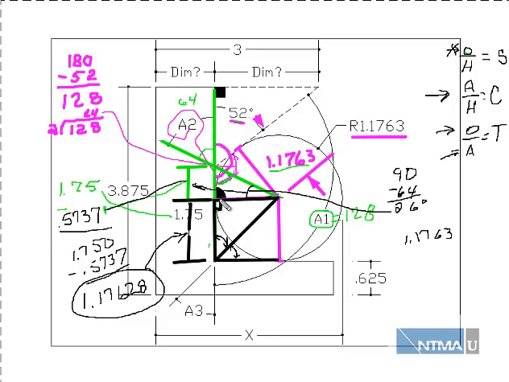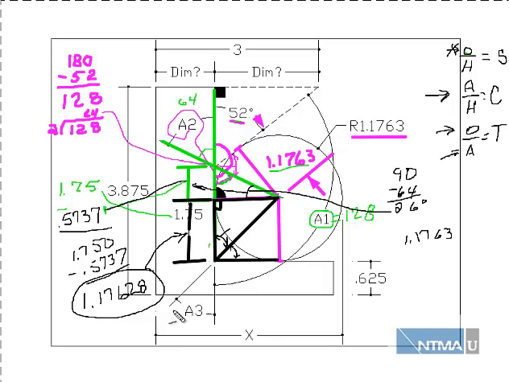Why? Because I've got this radius here, I've got this radius here, that's both the same, and they share the same plane. Okay? So all I want to do now is solve for this angle right here.